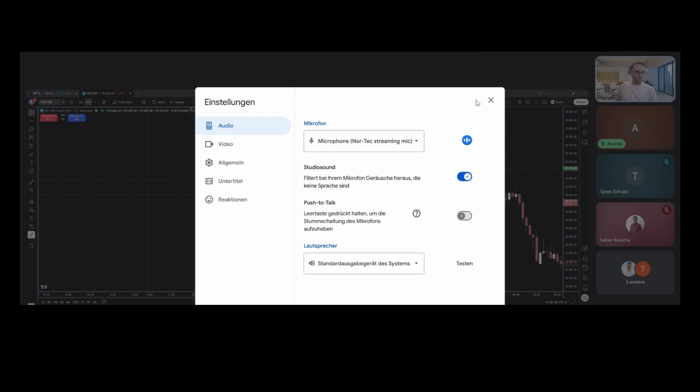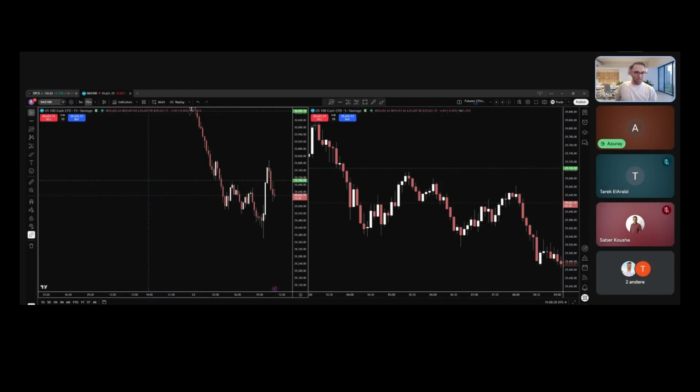Try to do that: 3 dots, settings, microphone, click on it, and you will probably have 2 choices, and then you have to take the other one here. Try to speak, maybe we can hear you or not.